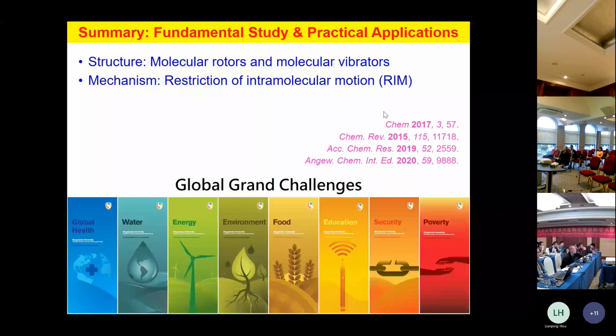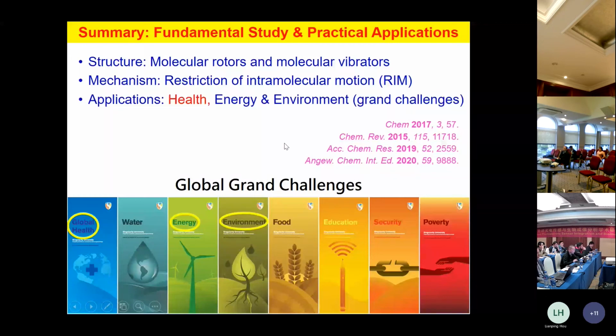But when the soluble protein forms aggregates, it will wrap the AIEgen inside the fiber, and then you can monitor this whole process visually. In terms of application, we have done a lot in the areas of energy, environment, and health. But today, because the conference is focused on health, I just presented some examples of applications in the area of health.